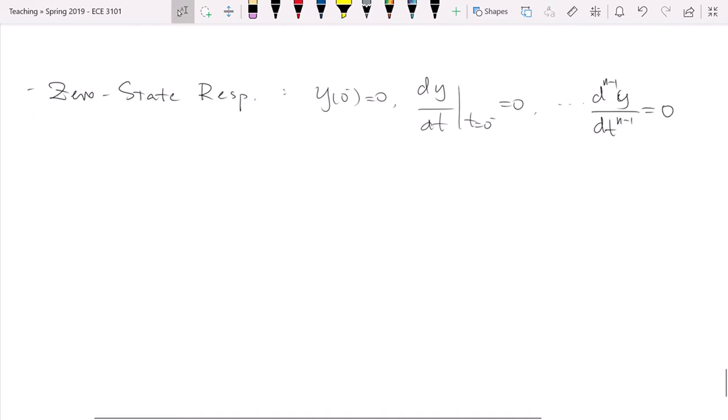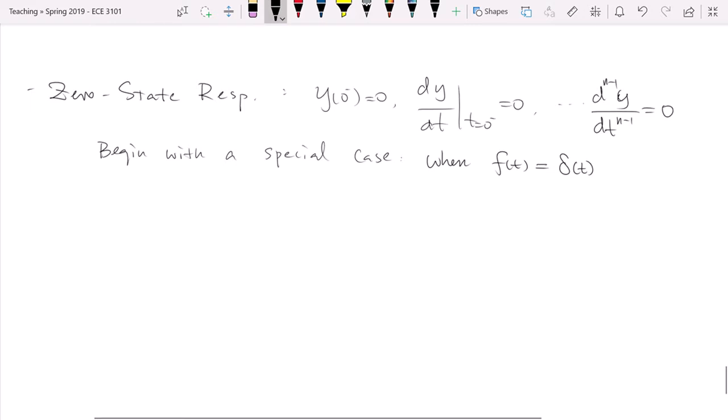Now, the way to solve zero state response, as I mentioned, will be slightly more complicated. And because it's more complicated, we have to do it step by step. We'll start from a special case. In this special case, f of t, the external input, is as simple as a spike or a nudge, right?